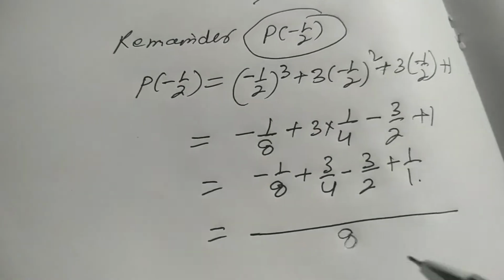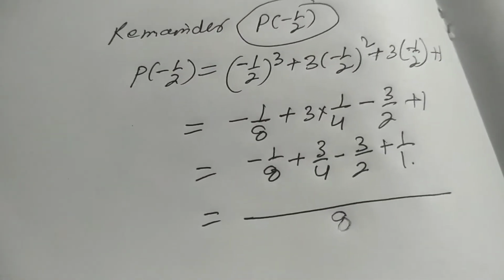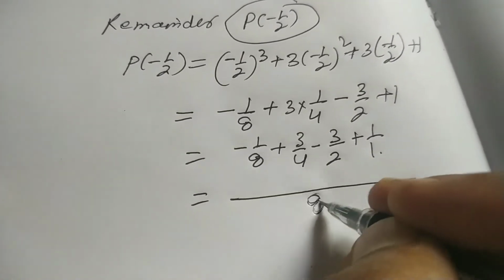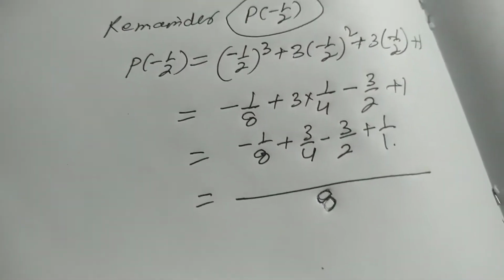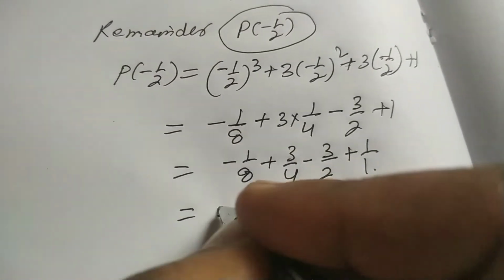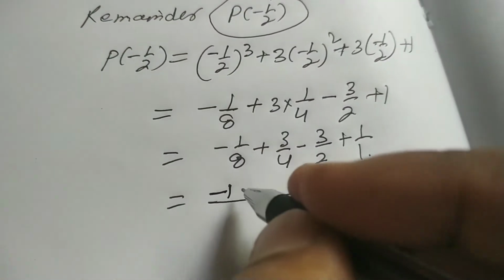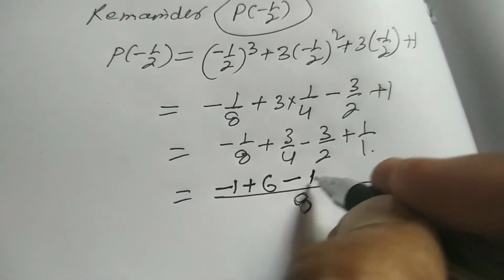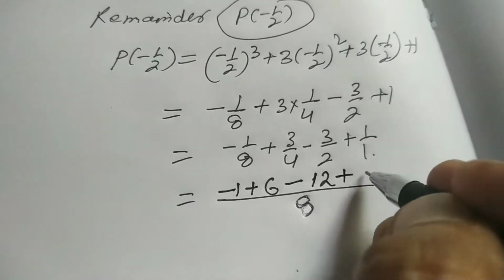The LCM is 8, or you can solve it directly. This is minus 1, and 4 to the 8 plus 3 to the 6, and minus 2 4 8, this is minus 12, and 8 plus 8.